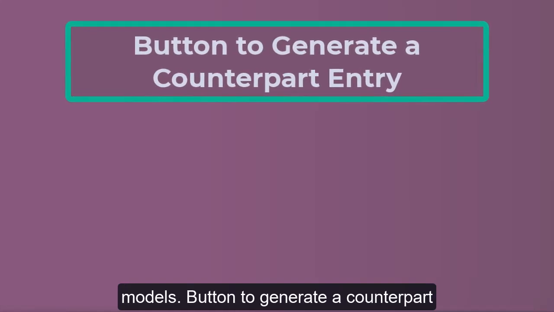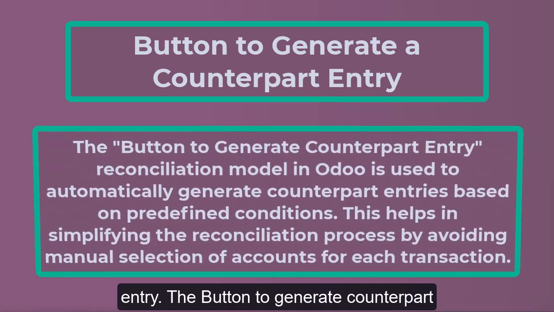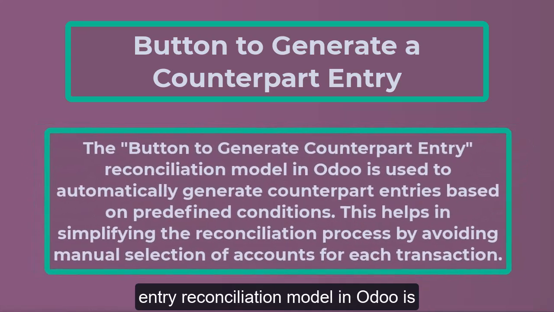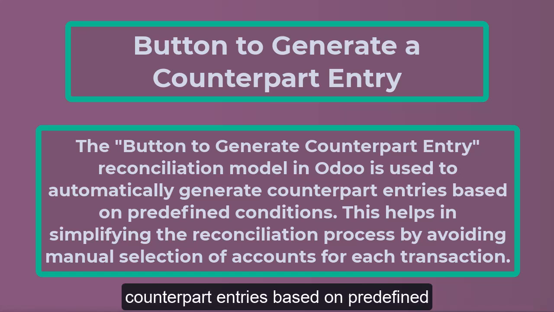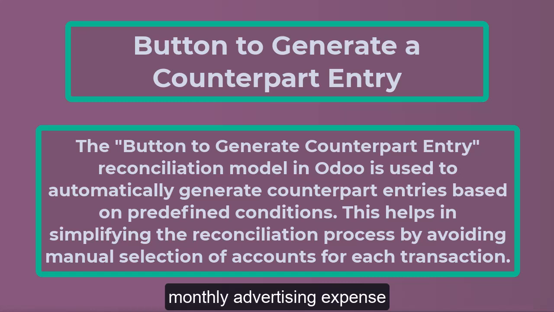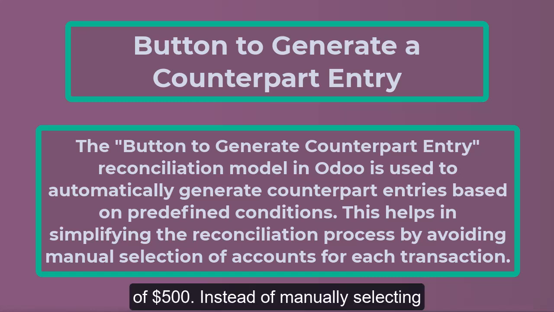Button to generate a counterpart entry. The button to generate counterpart entry reconciliation model in Odoo is used to automatically generate counterpart entries based on predefined conditions. This helps in simplifying the reconciliation process by avoiding manual selection of accounts for each transaction. For example, imagine you own a marketing agency and receive a monthly advertising expense of $500.